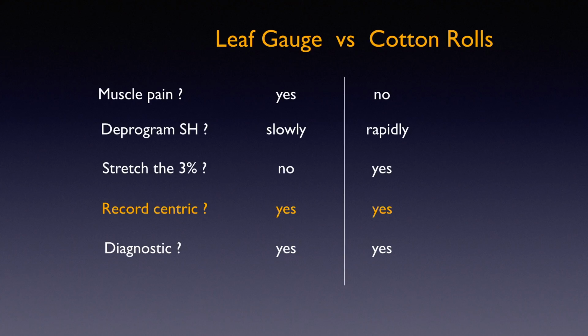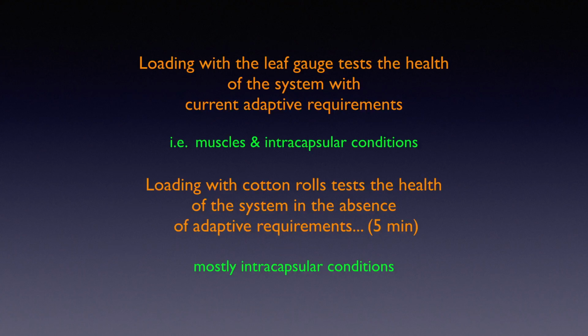The leaf gauge has an advantage in that one can predetermine the amount of posterior tooth separation while doing the recording. Both techniques provide diagnostic information. Loading the system with the leaf gauge tests the health of that system with the current adaptive requirements.